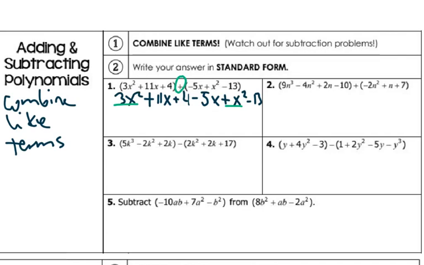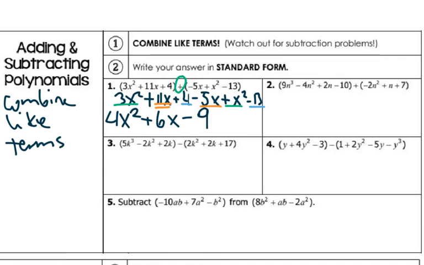So we start writing in standard form. So we have 4x squared, then we're going to combine x's, so 11x minus 5x will give me positive 6x, and 4 minus 13 is going to give me negative 9. And this is my answer.